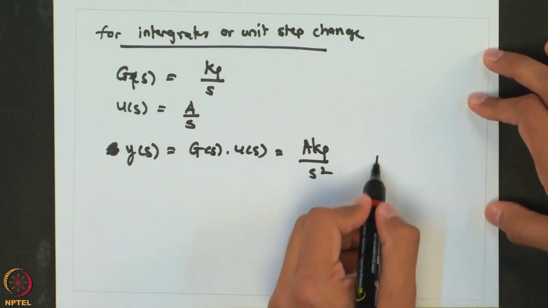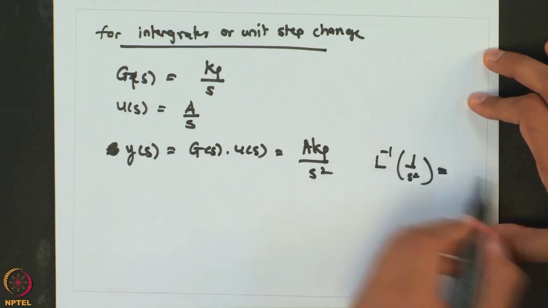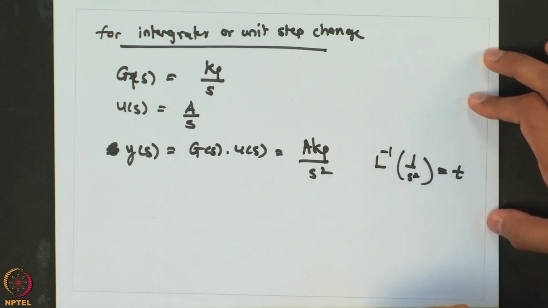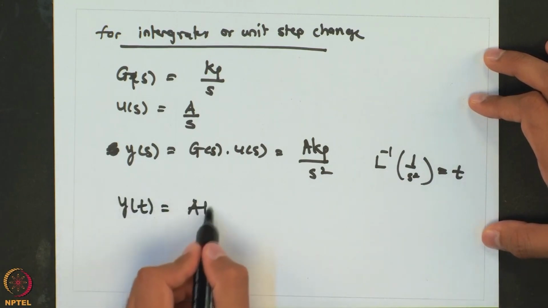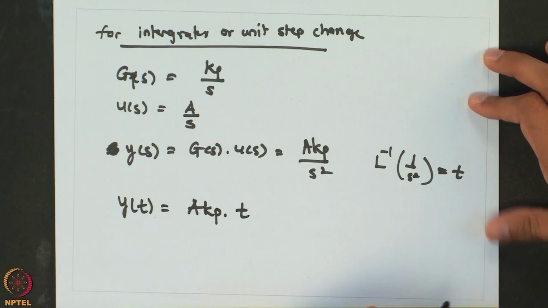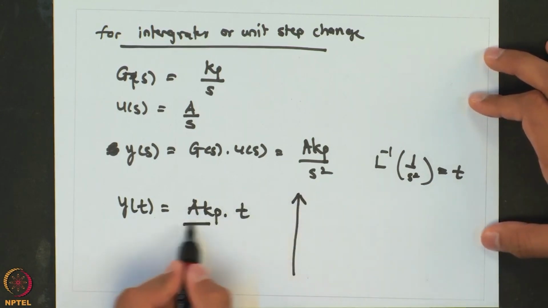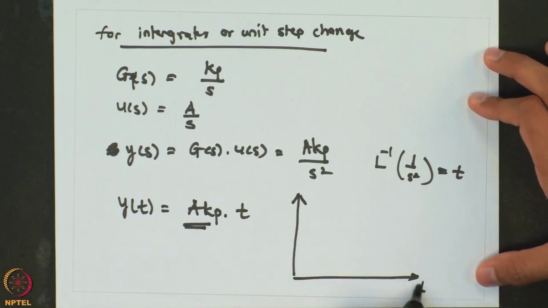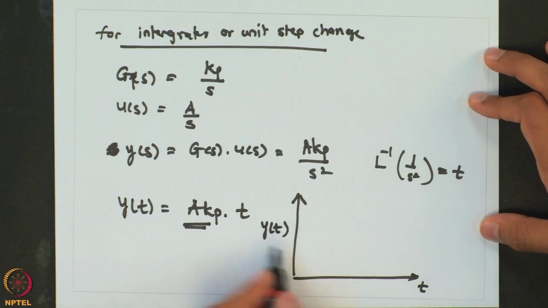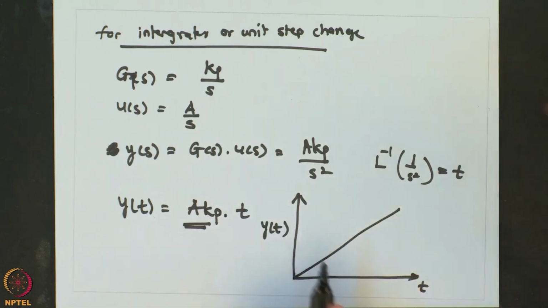Now, Laplace inverse of 1 over s square is t. So, the response we are going to get here is AKP t. So, the response linearly increases as a function of time, and the slope of the response will be AKP.